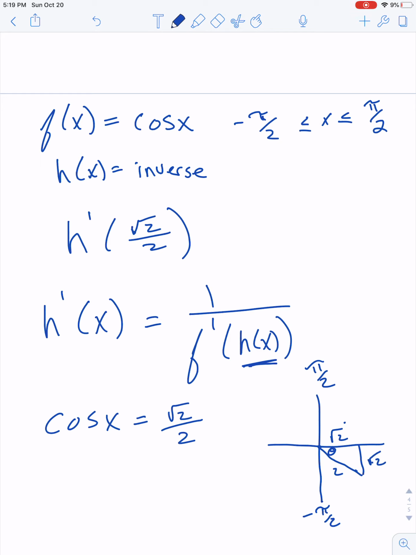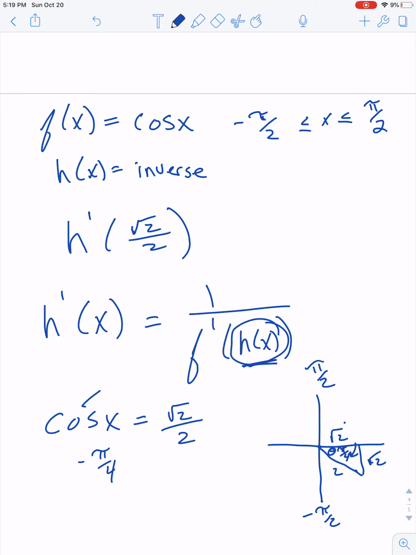So we know that we're dealing with a 45, 45, 90 triangle. So this angle here is pi over 4, and this value of x here is negative pi over 4. So negative pi over 4.